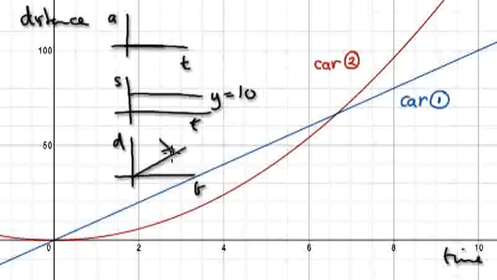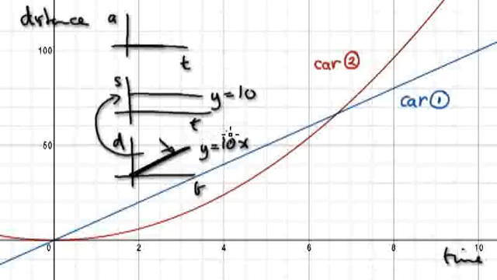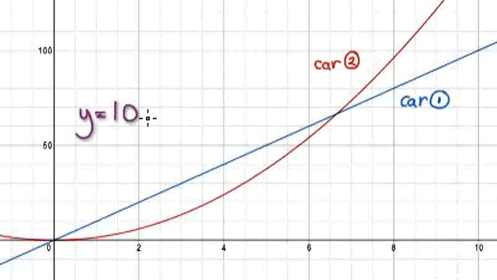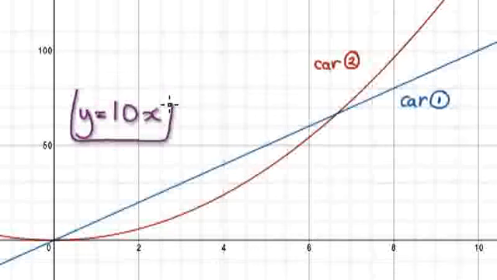This equation here is y equals 10x, because when you have a straight line like this, the gradient represents the speed, and the gradient here is 10. So for the blue line I plotted y equals 10x. That gives us the distance time graph for the blue line.